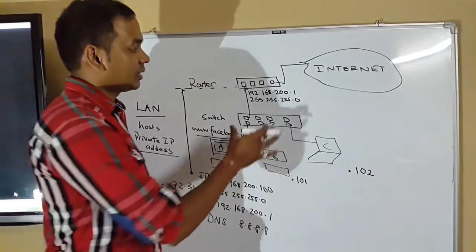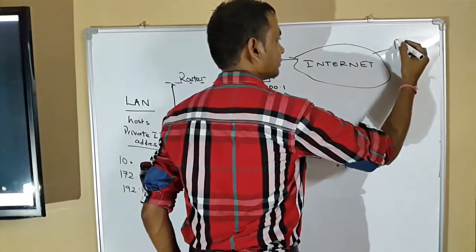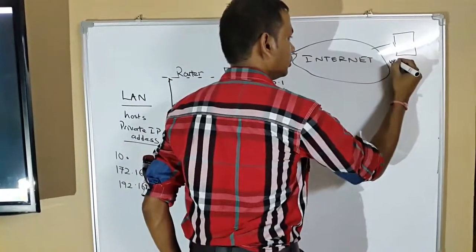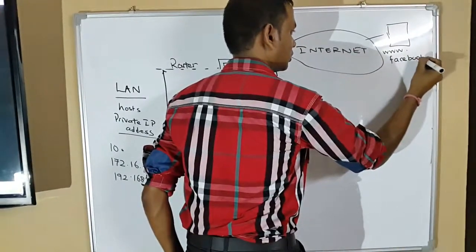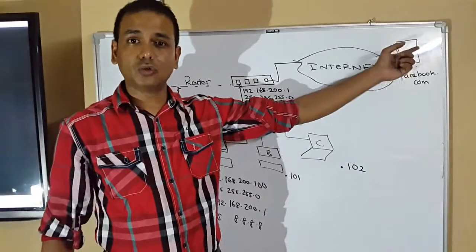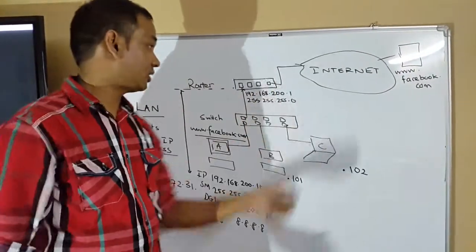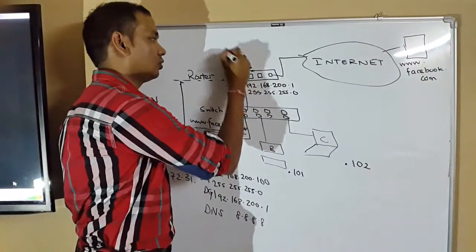So basically, Facebook server is here, www.facebook.com. How Facebook will know where to route this information is via the public IP address of that router.